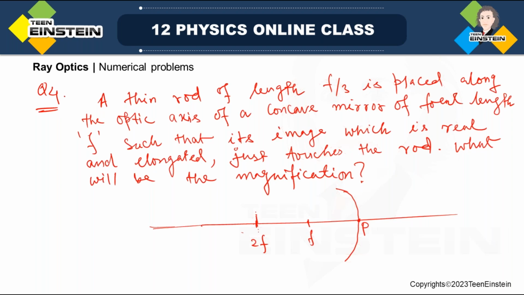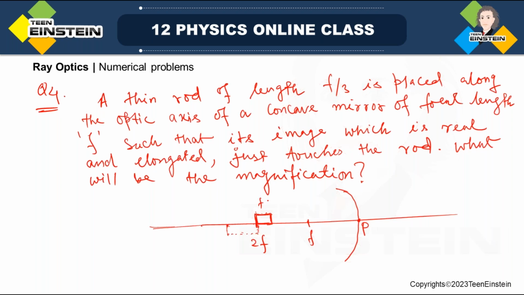See, if this is the center of curvature, and if we keep the object like this, then only it is possible that the image will be here. So whenever a question comes like this, you have to understand the object must be placed at the ends. Actually, the rear end must be placed at 2f, so that the image will have its front end at that particular position. Otherwise, it is not possible to touch the rod.